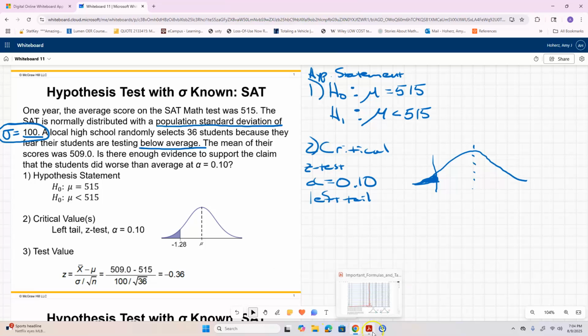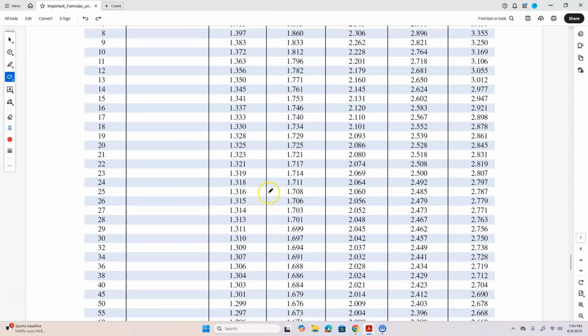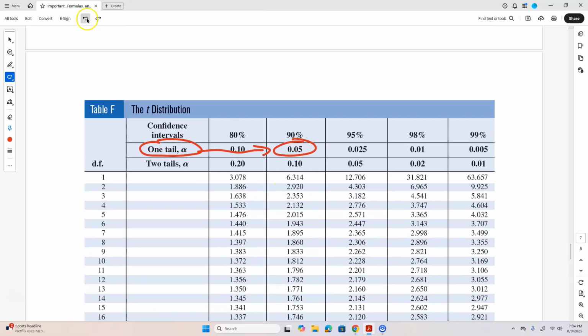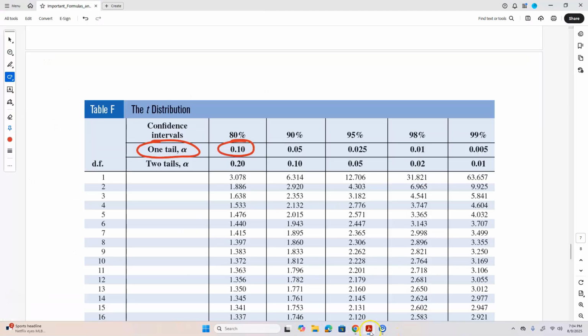So if we go to our chart, we need a one tail, 0.10. I think it was 0.10. Let me double check. Yes, 0.10.